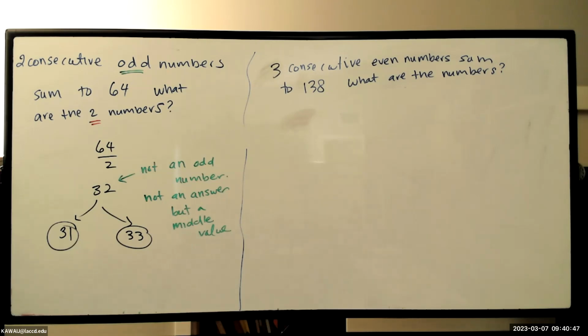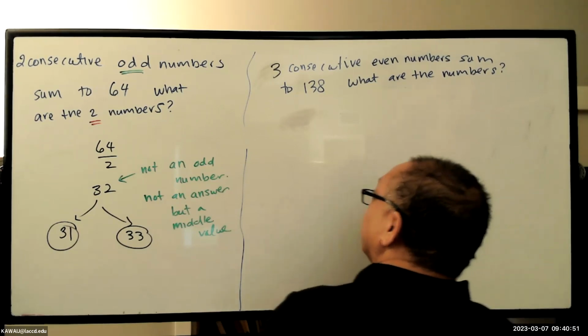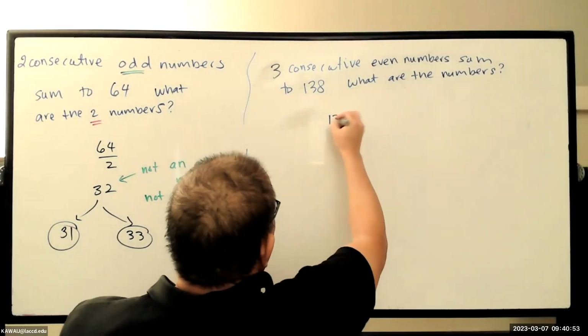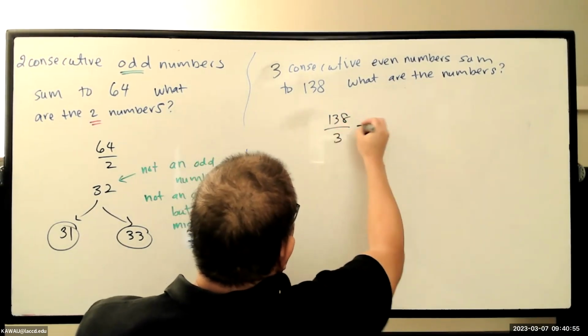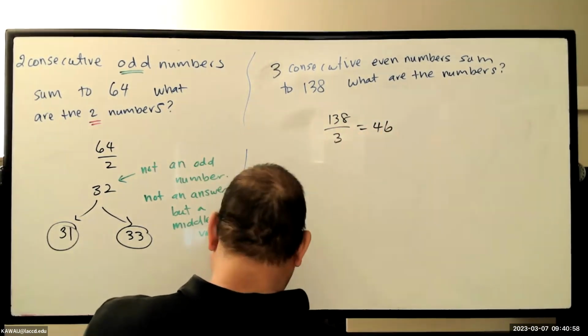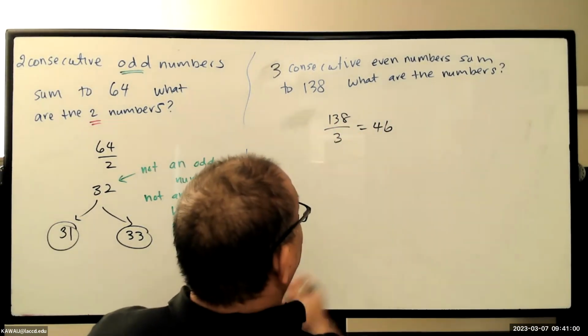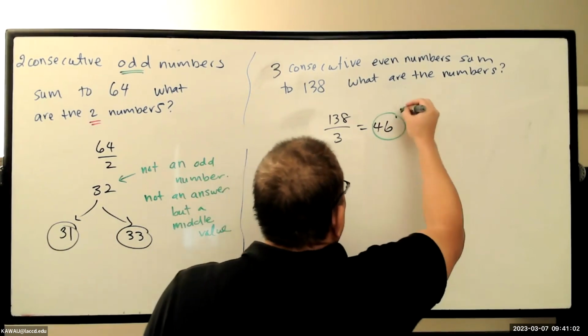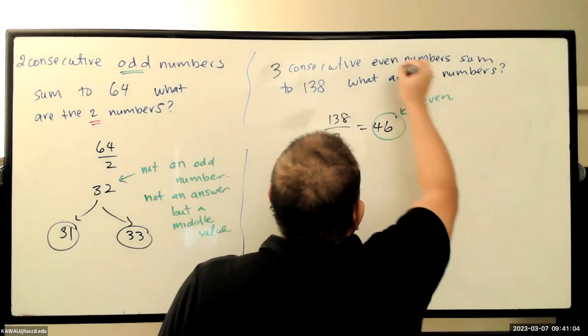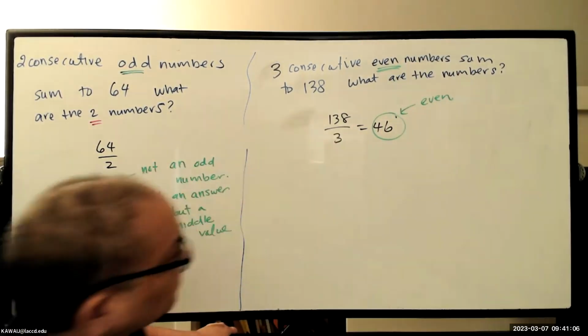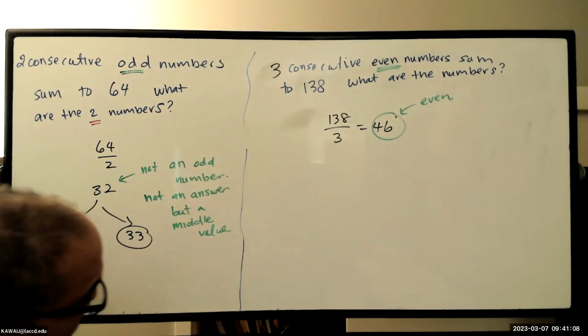Okay, so let's take a look at this. So 138 divided by 3 is equal to 46. And then this is even. So these two match. So that's the middle number.